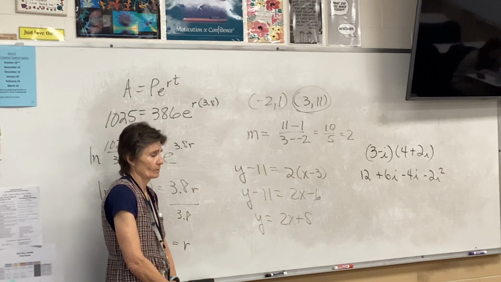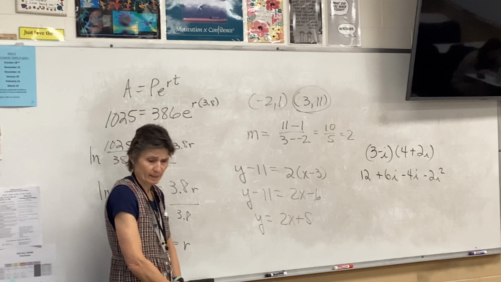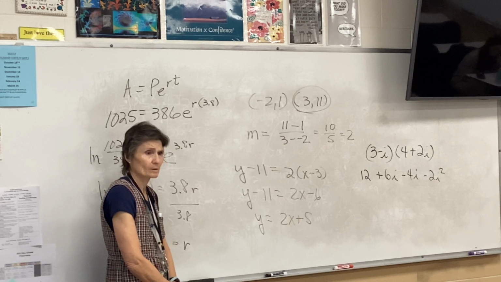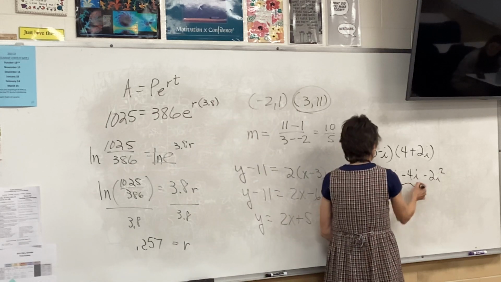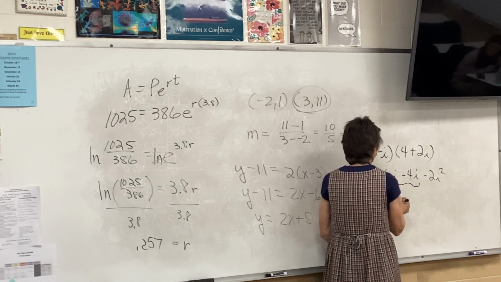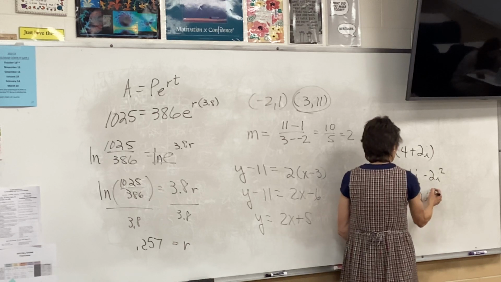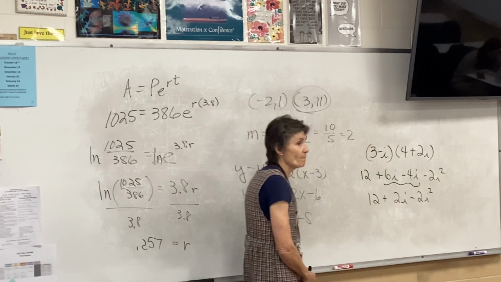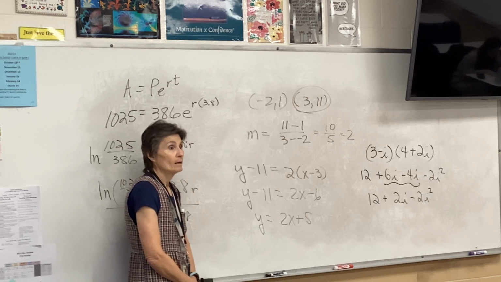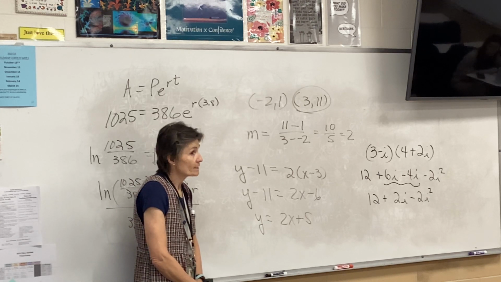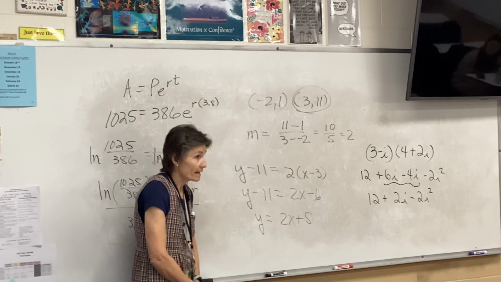So what do you think you do after you get it all FOILed? Combine like terms, so clearly these two combine, that makes 2i. Now you have to remember something though. What do we need to remember? i squared equals negative 1.